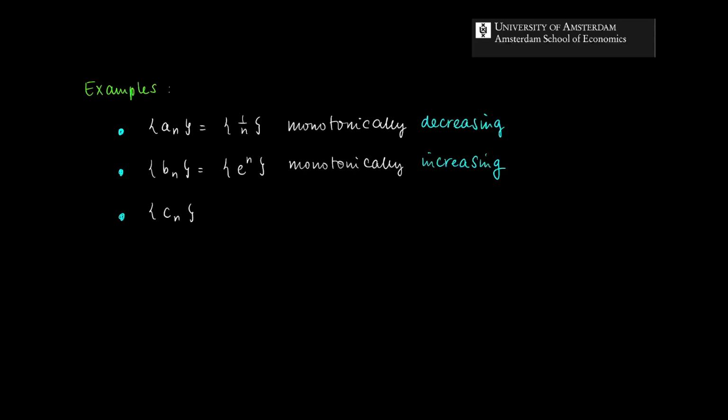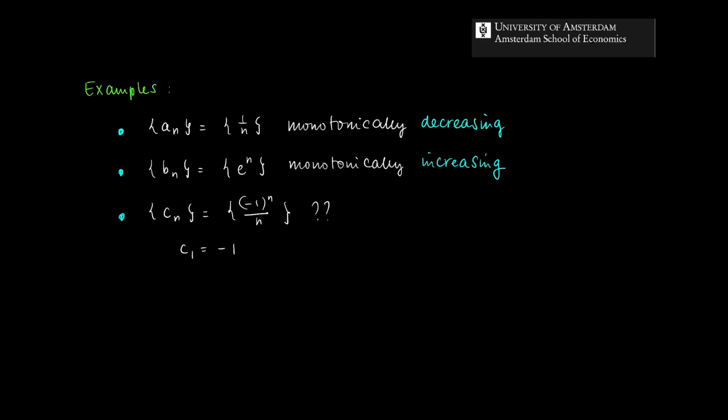Now a sequence which is defined by (-1)^n over n. If we look at elements of this sequence, first we get minus 1, since minus 1 to the power 1 is minus 1, divided by 1. If we plug in 2, then we get minus 1 to the power 2, so the sign is positive again.